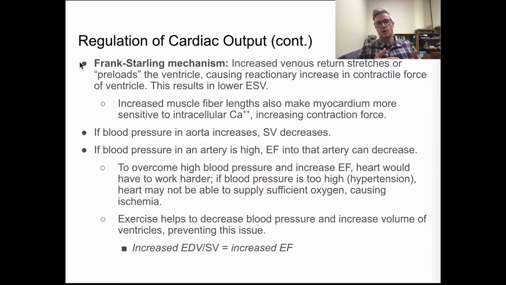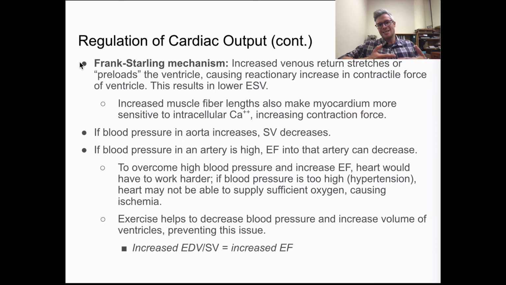We can remember from our sliding filament theory how we have an optimum amount of overlap in the muscle fibers that cause contraction, right? So if we get to that point, we almost overstretch. There's this property in muscle that has a little bit of an elastic component to it. And that's exactly what happens when we're talking about the Frank-Starling mechanism.